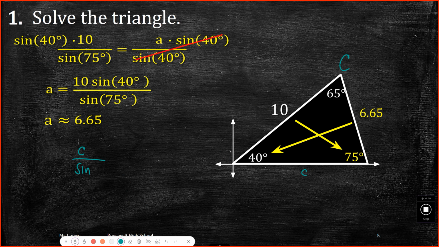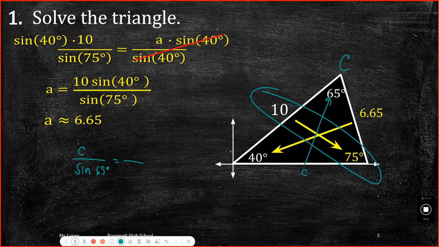This is different from the way I have it on the PowerPoint, but I'm going to go with c over sine 65. Don't use the one that has the approximation. Use the exact one, more like this one.